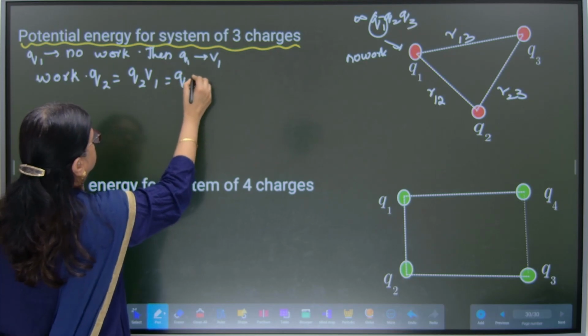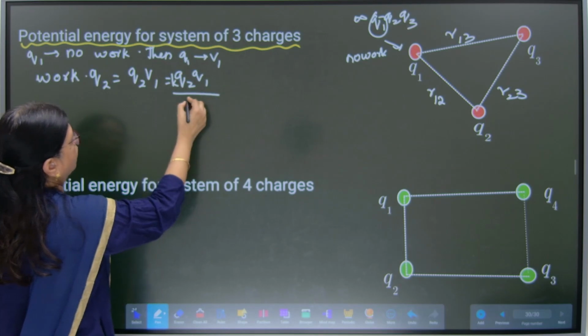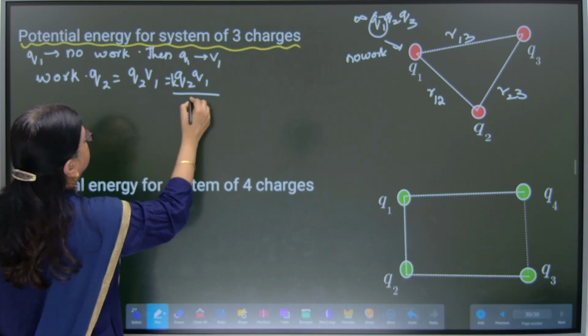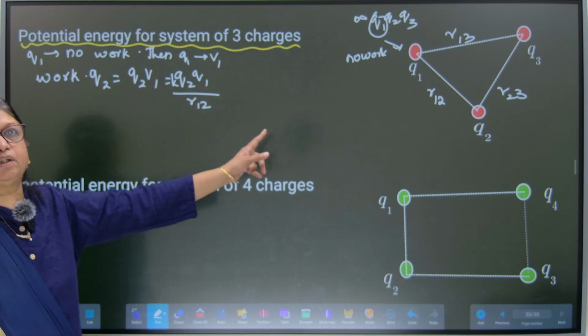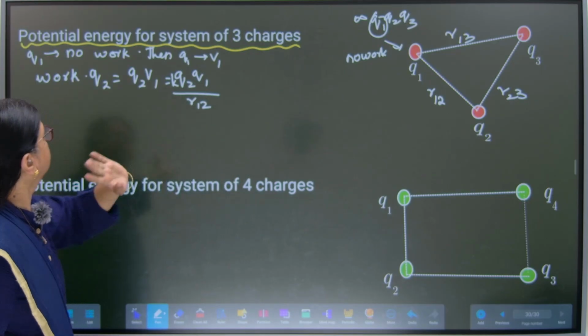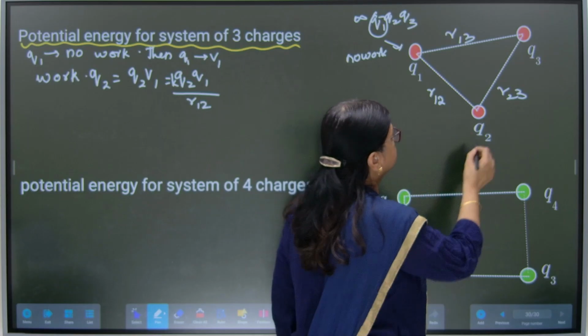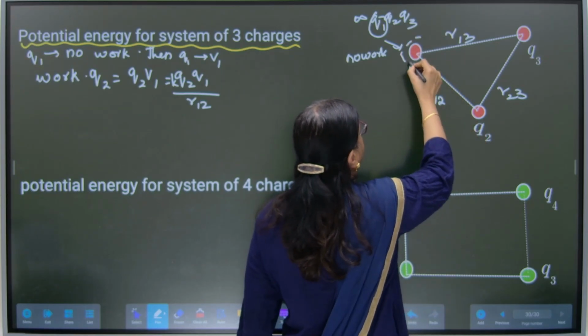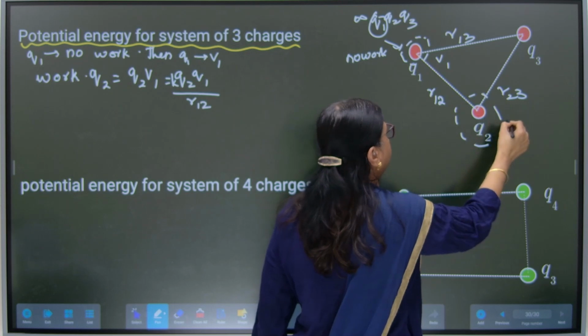K Q1 Q2 upon R12. This we already know from our previous description. So this is the work done while bringing Q2. Now when Q1 came here, it produced its V1. When Q2 came here, it will produce its V2.